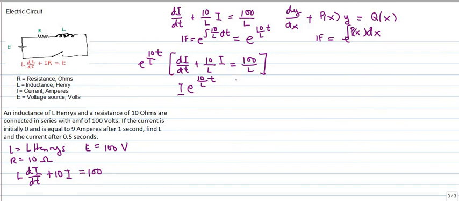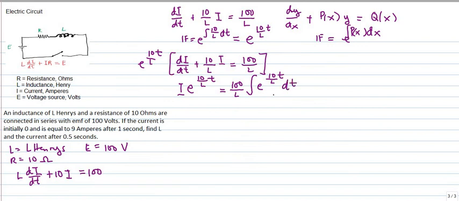And then on this part, of course, we will multiply our integrating factor. The result is 100 over L, and then we have here e raised to 10 over L times t. And then we will integrate this part with respect to t.